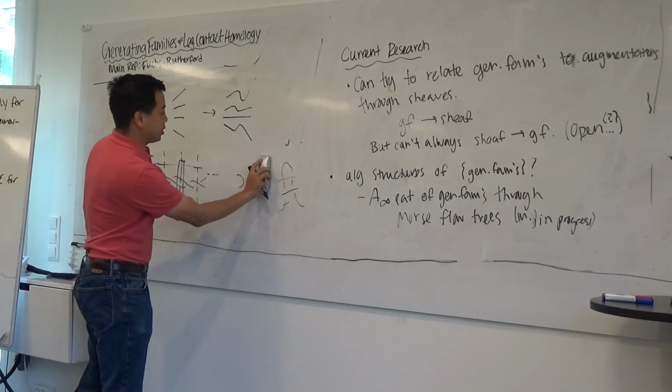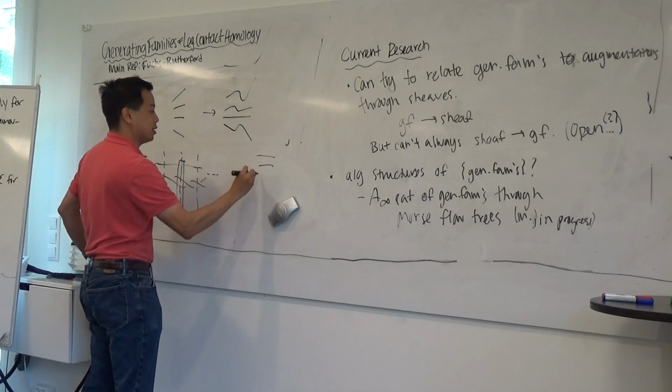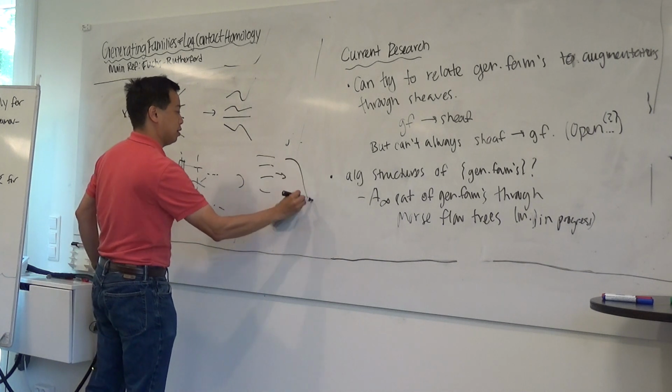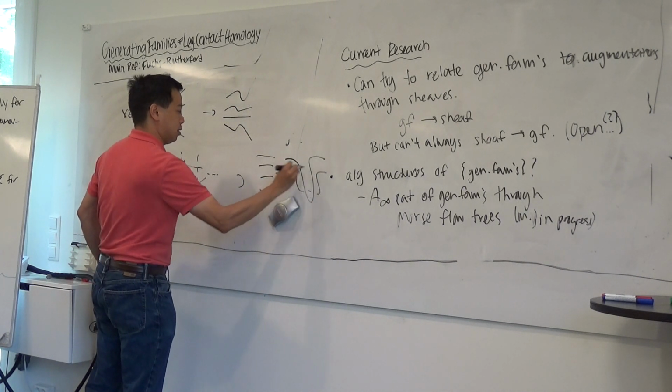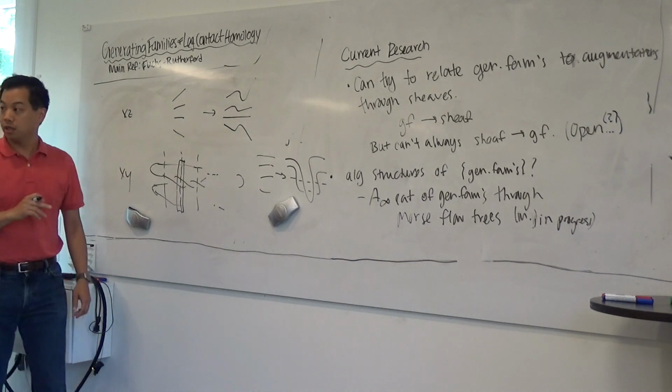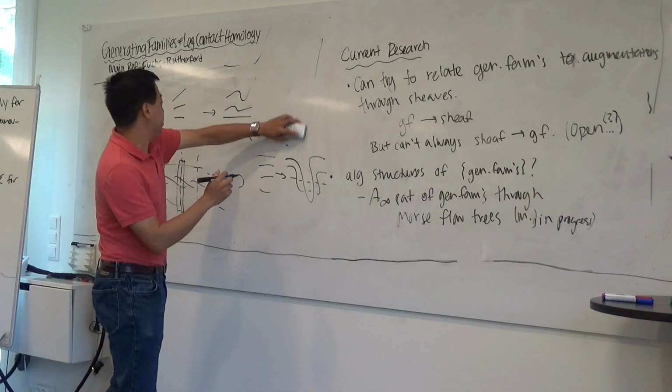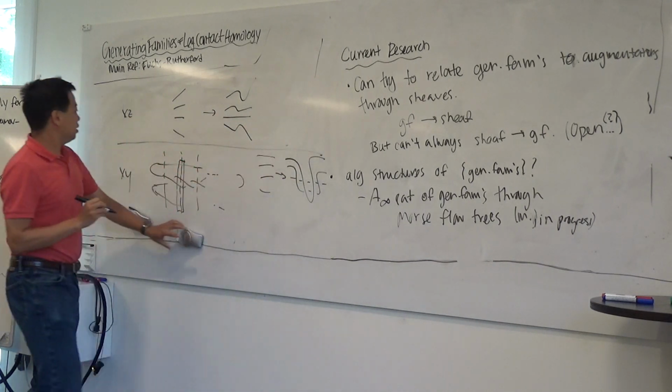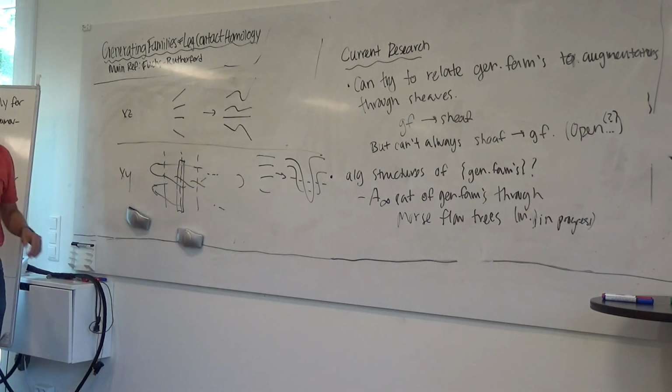And what that does is that downstairs it replaces this by something like this, in the Lagrangian projection. Yeah, so this is the front projection, and this is the Lagrangian projection.